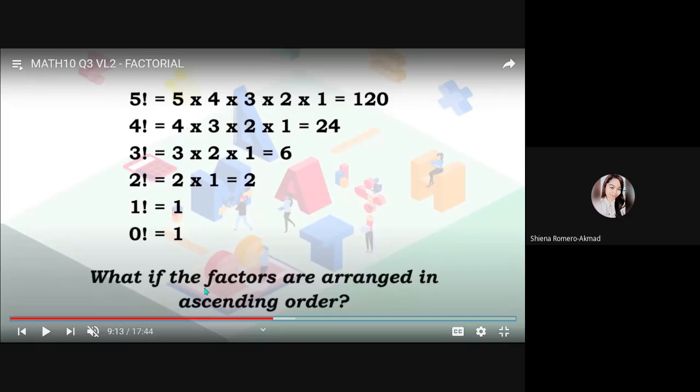So what if the arrangement is in ascending order? Kunwari, naging 1 times 2 times 3 times 4 times 5.